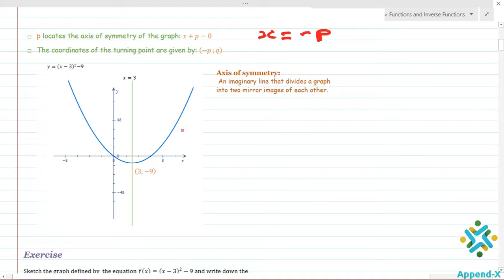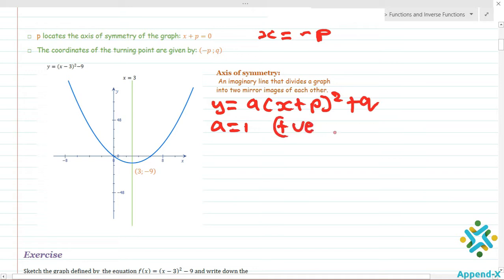Now the given equation of this graph is an equation of this form: y is equal to a(x plus p) squared plus q, okay? Now in our given equation, a is equal to 1, which is a positive value. Therefore, the graph must be concave up, with the turning point of this graph occurring at the minimum point, okay?